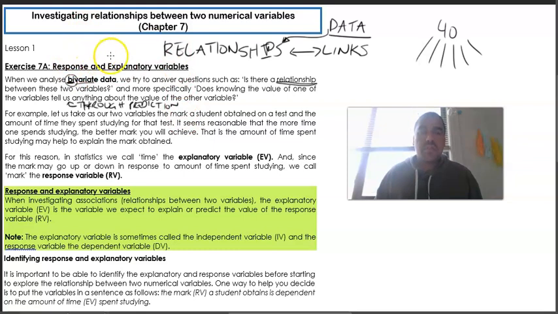And we, of course, delve into different terminologies with this, okay? So, for example, I just gave my little preempt example, but let's take as our two variables the mark a student obtained on a test, so a score, maybe a percentage, and the amount of time they spent studying for that test.